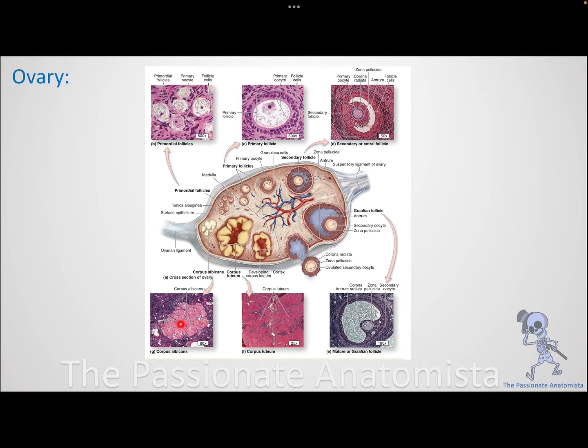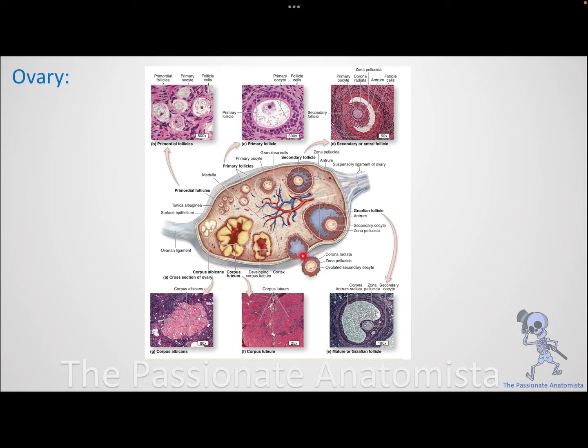And then once it's done its job, and it becomes replaced with connective tissue structures, it loses its ability to produce the hormones. It's gonna become atrophied, and it's gonna be replaced by the corpus albicans. And remember the zona pellucida I told you about, which is what surrounds the oocyte, and it's between the oocyte and the corona radiata.